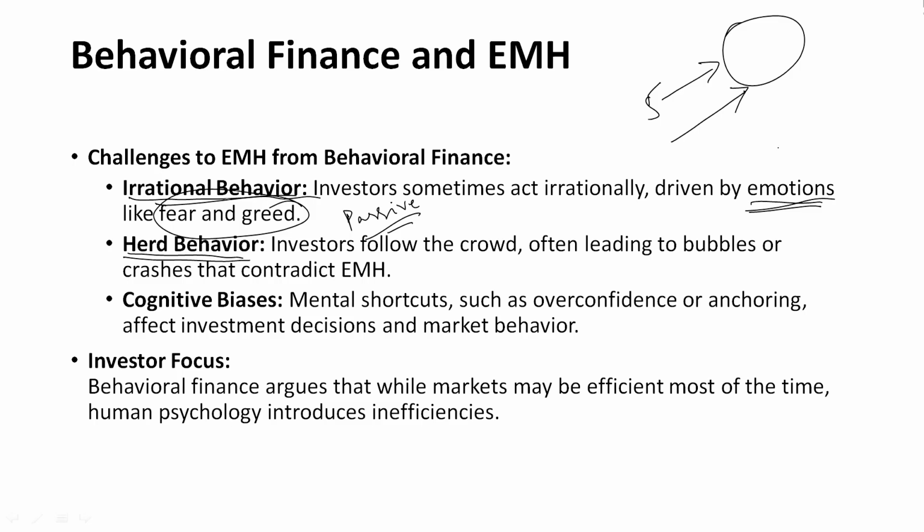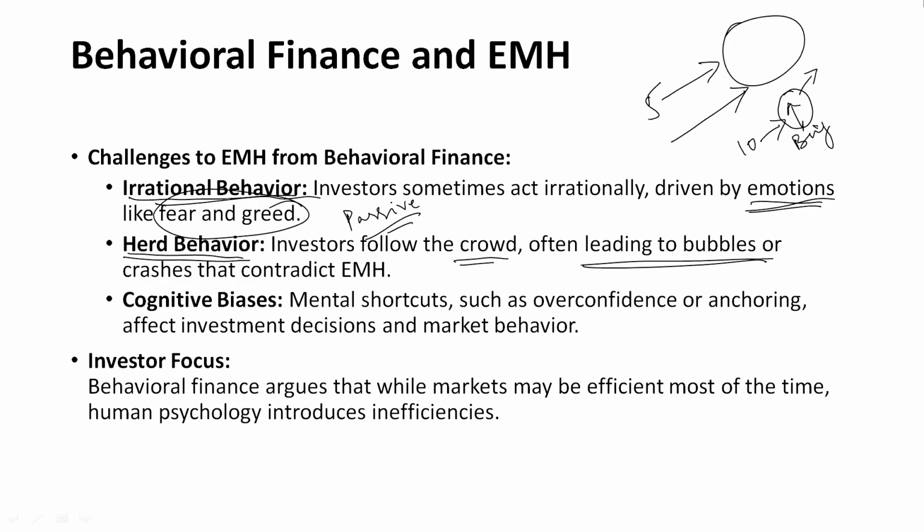In the stock market, if 10 persons are showing an interest in buying a particular stock, then the 11th person will also think that this stock is in demand, so let me also put my money there. That is the type of herd behavior. You are following the crowd, and this can lead to bubbles.